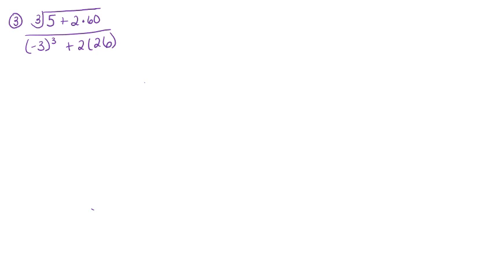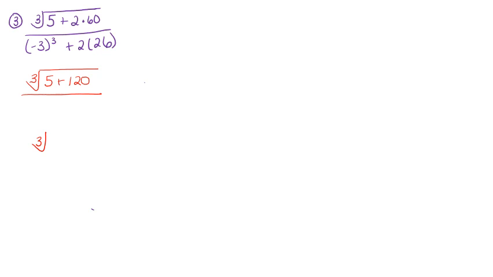This one's a lot like example 1. We got some grouping symbols, we got some multiplying. So let's evaluate the numerator, then we're going to evaluate the denominator. On the top we have a cube root, and inside of that we have some addition and multiplication. So we'll do that multiplication first. 2 times 60 is 120.